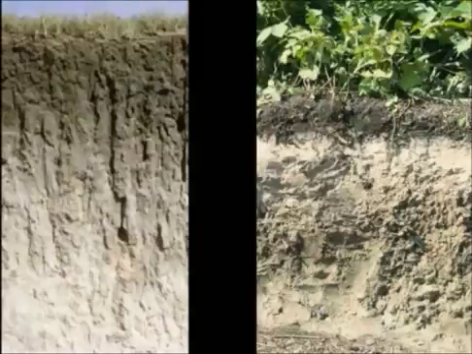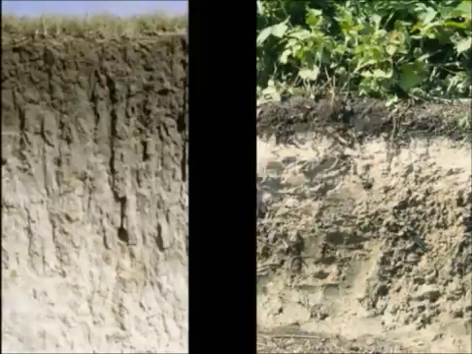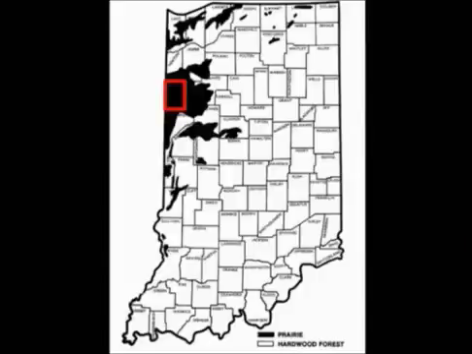Taking all of what we've learned, the best soils that we would find in Indiana would be found in this red box here. This is a map showing prairie and hardwood forest, prairie being grassland, the rest of the state being primarily hardwood forest as far as native vegetation, what would be there if ag wasn't in the way, if humans weren't here. This area represents Benton County, Indiana, the best soils in Indiana.